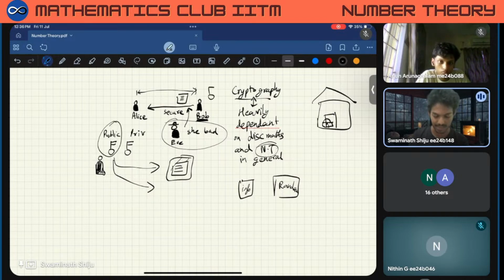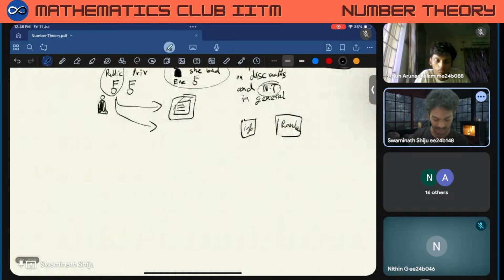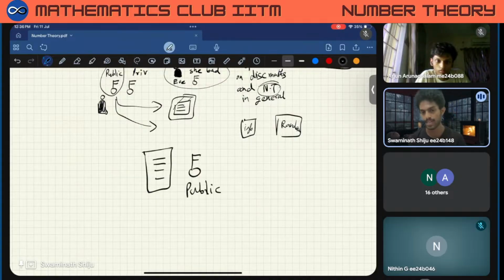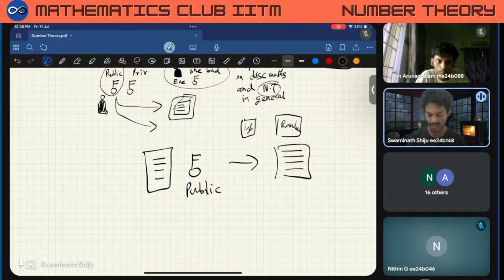So if Bob sends a message, he uses this public key to encrypt it. Now the goal of the encryption is that Eve can't read it without the private key. The private key is never shared on the channel. So no one else knows the private key.